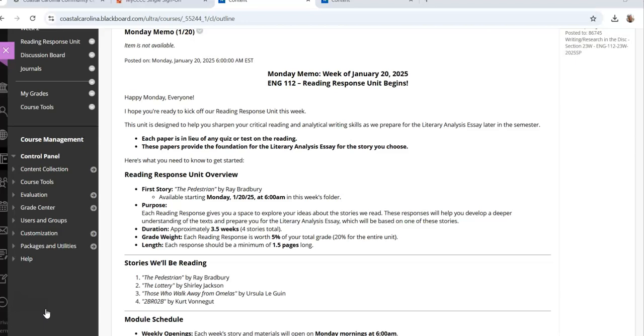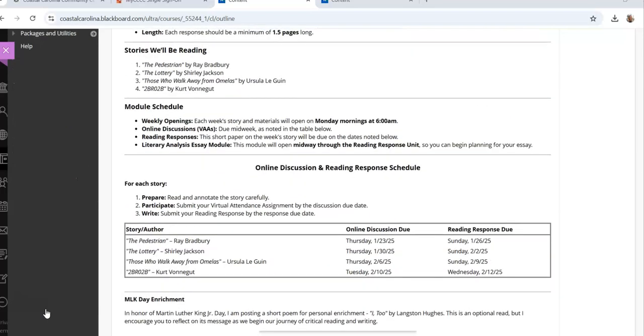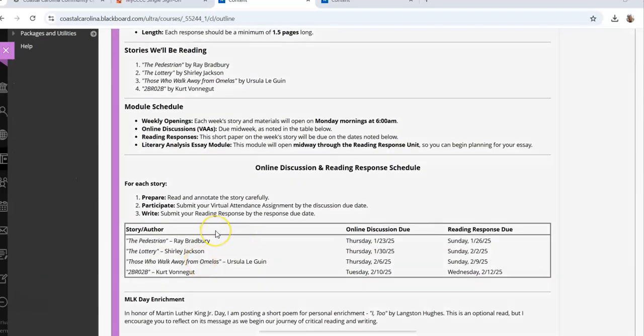So later, when I open up that unit, what you'll find out is that you have to pick one of these 4 stories. And you can see I have our schedule open. We've got The Pedestrian by Ray Bradbury. We have The Lottery by Shirley Jackson.